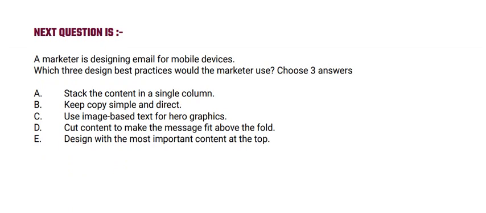Option B, keep copy simple and direct. Option C, use image-based text for hieroglyphics. Option D, cut content to make the message fit above the fold. And option E, design with the most important content at the top.